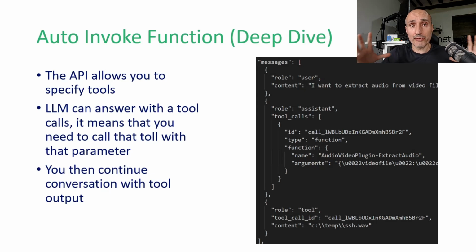This allows a large language model like ChatGPT to understand that the user asks something, the assistant tells you to invoke a tool, and the tool answers with certain information. This also makes you understand that when you create a plugin, when you create a tool for your Semantic Kernel program, you need to carefully decide which is the return value. In this situation, we are returning a simple string: the tool call content is the name of the extracted file.